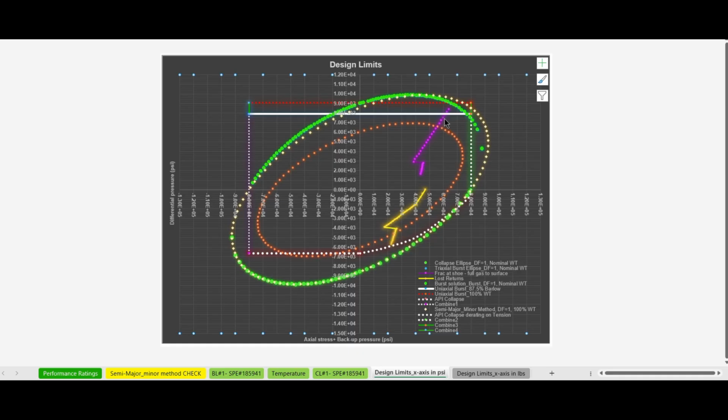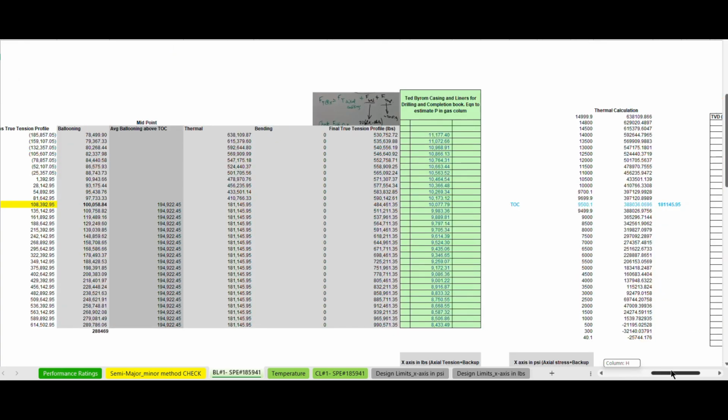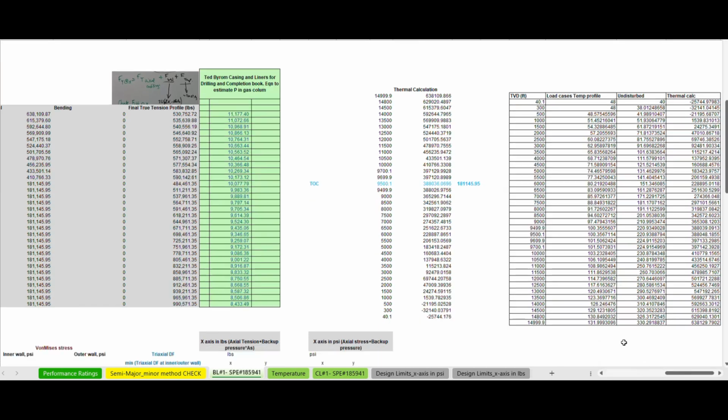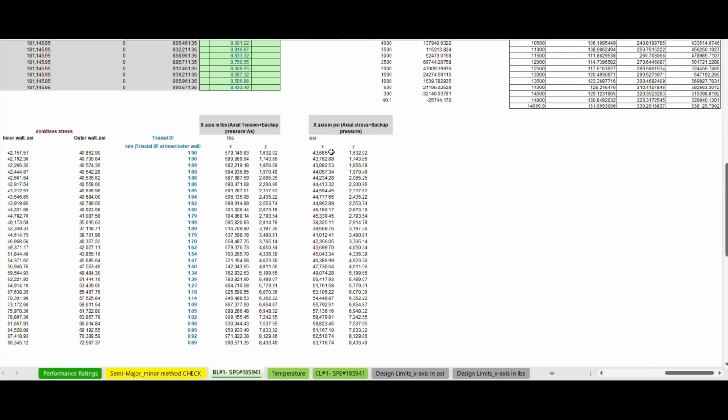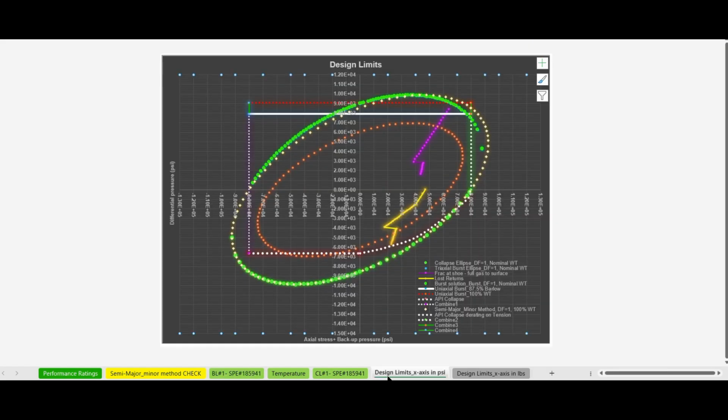What we basically do here is plot this, x versus y, in psi from the corresponding load cases.